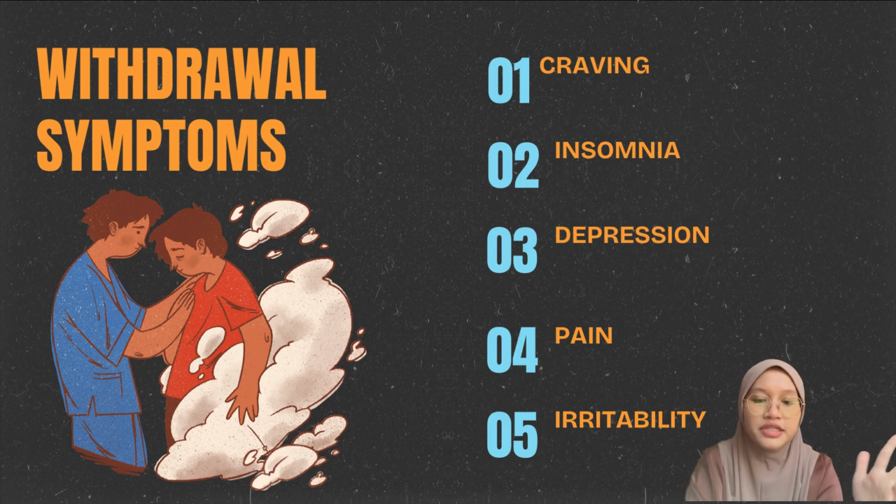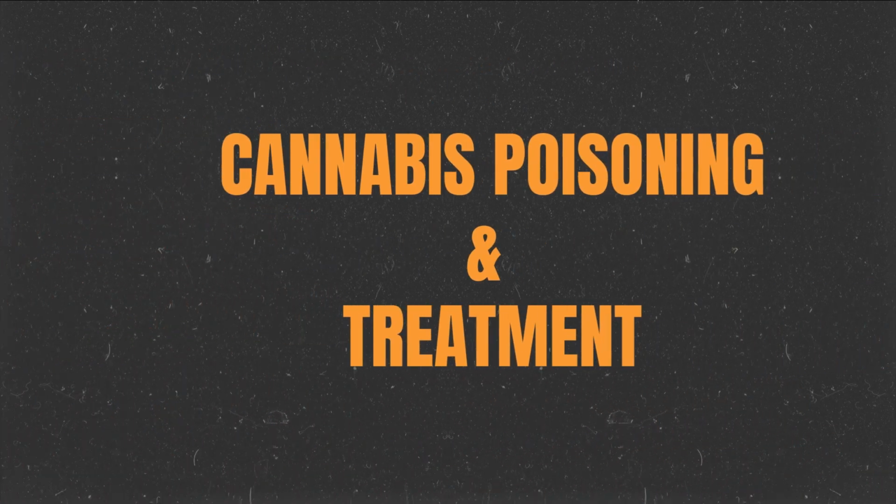And for depression and irritability, it basically affects the brain, which will cause these mood changes. And for pain, because cannabis has analgesic properties, when you stop immediately, you will have pain even from a slight cut, so you cannot tolerate that much pain because of regular use of cannabis.